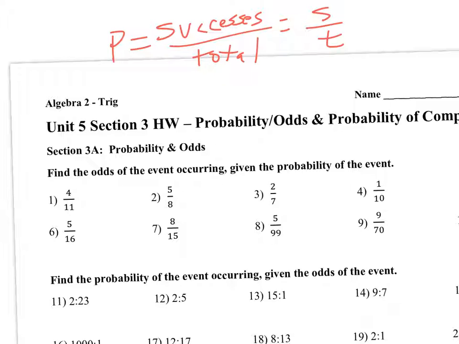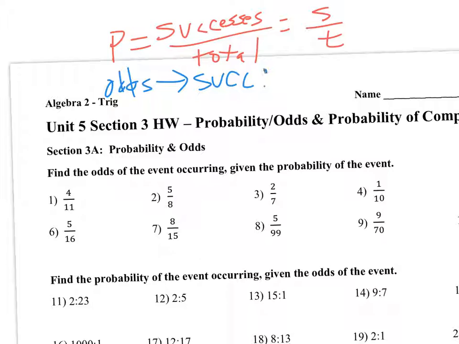So success to total. Odds, the odds of something happening, and you hear that a lot with the odds of teams to win the Super Bowl or the World Series or something like that. But odds is represented as successes, and I'm going to do some abbreviating, okay?